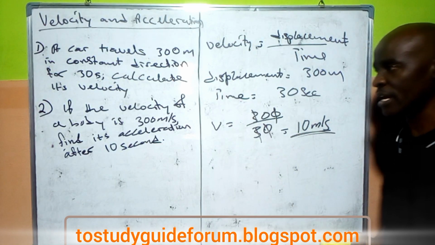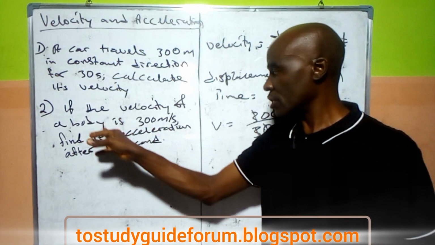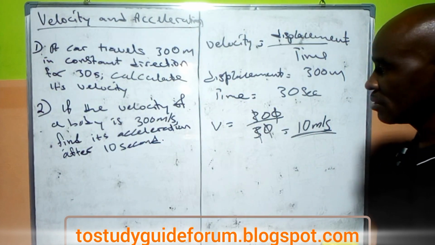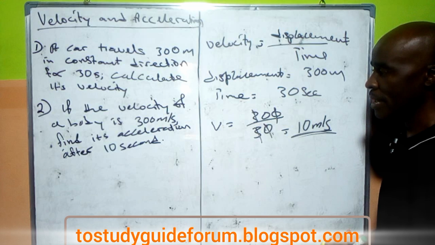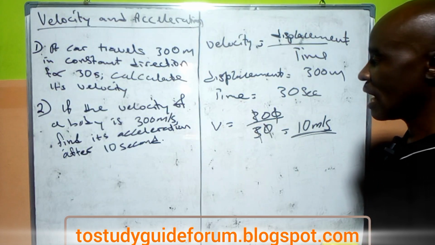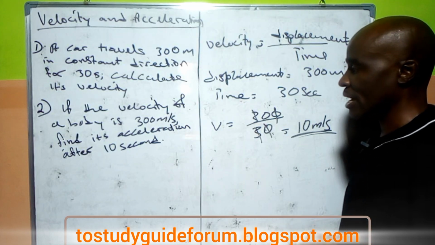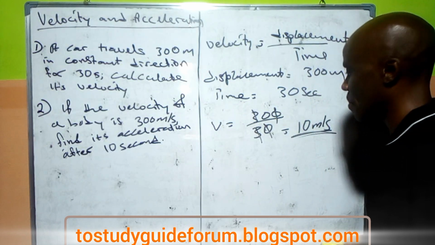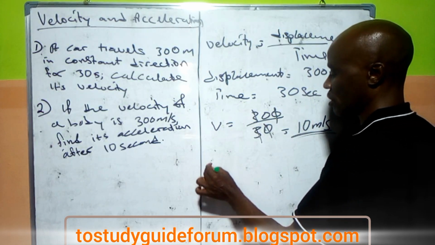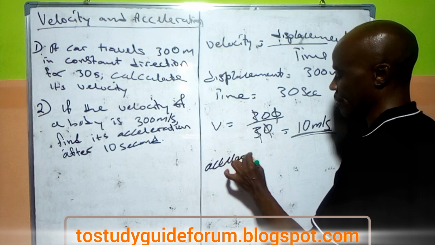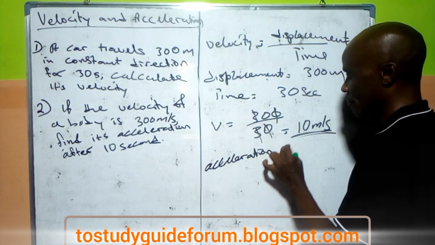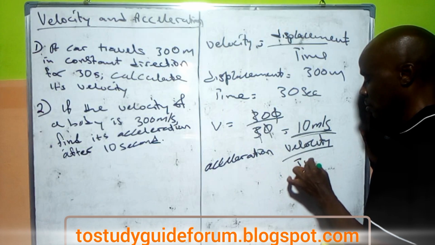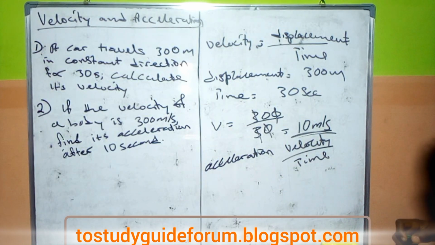The second one says that if the velocity of the body is 300 meters per second, calculate its acceleration, and we know that acceleration is the rate of change of velocity with time. Acceleration can then be velocity over what? Time. Velocity over time.